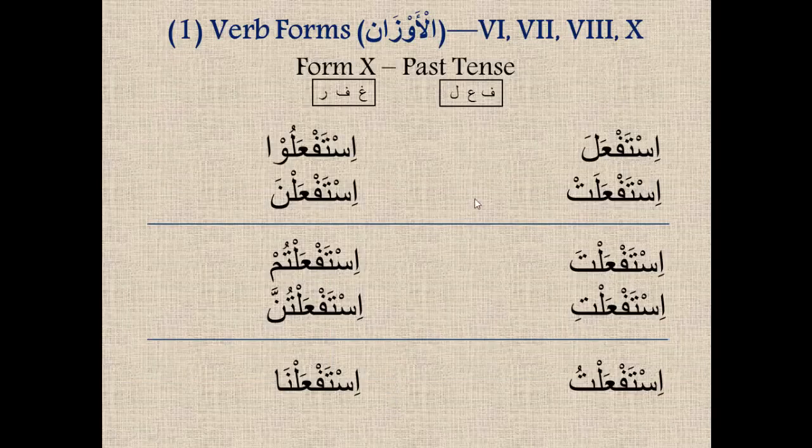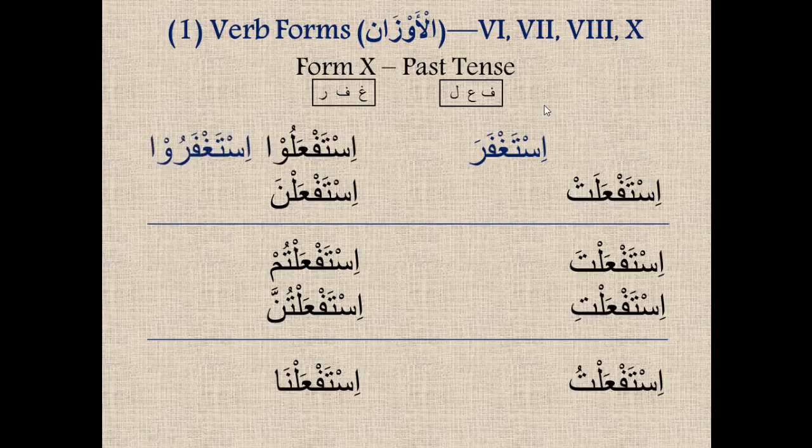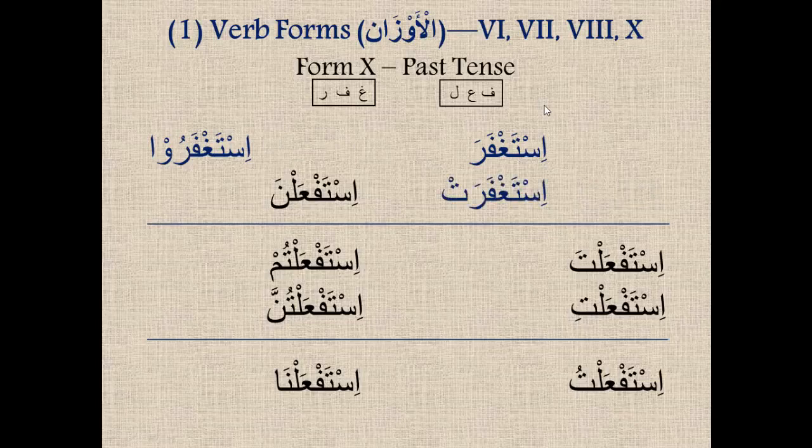Past tense conjugation for form 10 using the root letters ghain, fa and ra. Istaghfara, which means to seek forgiveness. We have istaf'ala, istaghfara. Istaf'alu, istaghfiru. Istaf'alat, istaghfarat. Istaf'alna, istaghfarna.